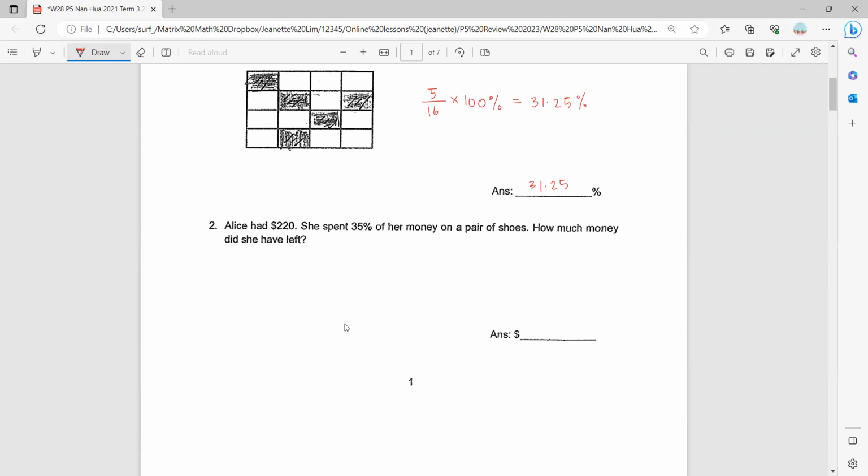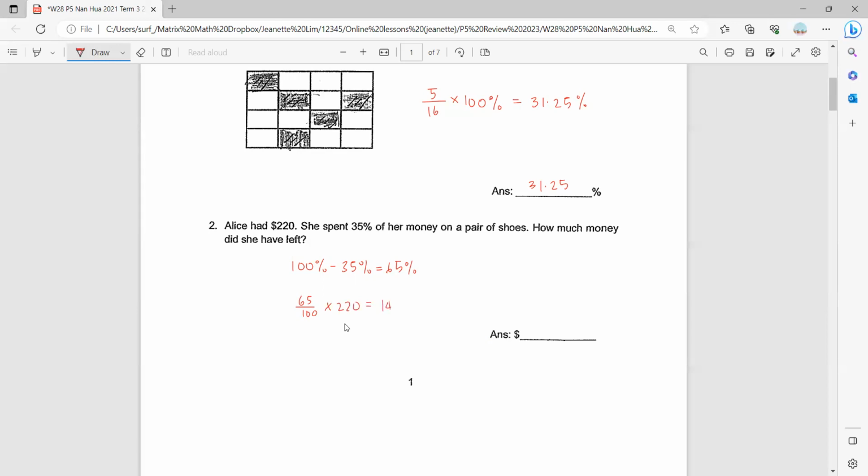So the amount that we want to find is the amount left. The percentage left will be 100% minus 35%, which will give us 65%. We are actually trying to find 65% of 220. So 65 over 100, which is your 65%, times 220.